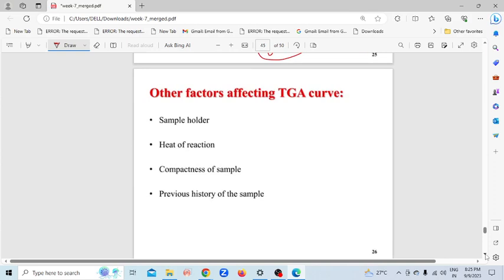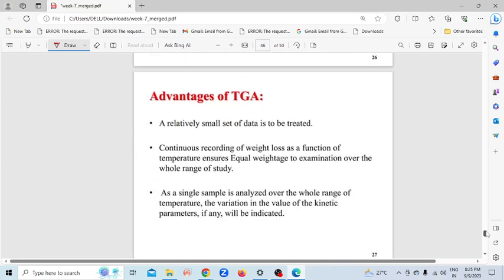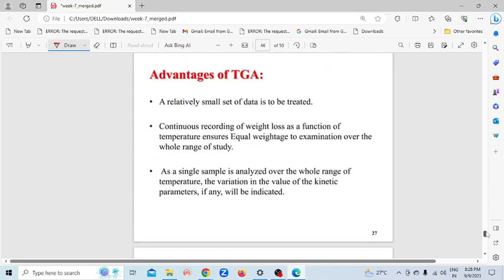Other factors affecting the TGA curve are sample holder, heat of reaction, compactness of sample, previous history of the sample. So only a little bit of knowledge is sufficient. Then advantages of TGA. A relatively small set of data is to be related, meaning TGA is a very simple analytic technique, and by only small data you can correlate your sample, you can identify your sample.